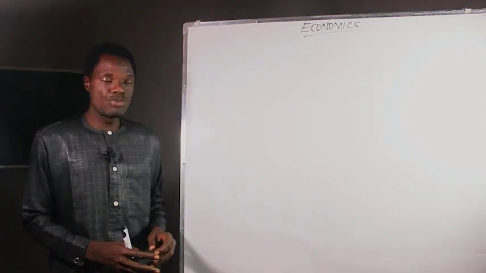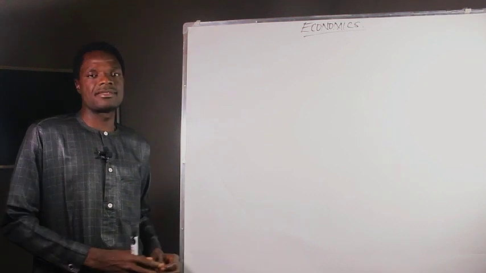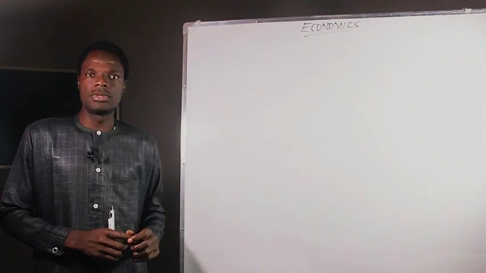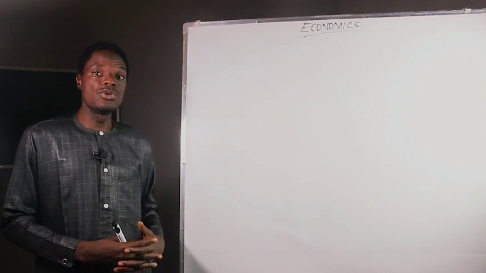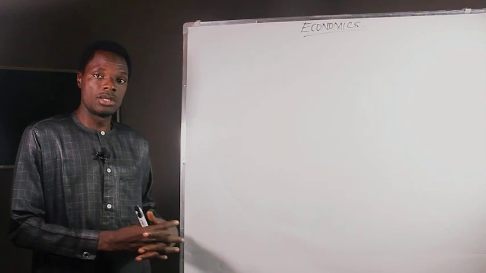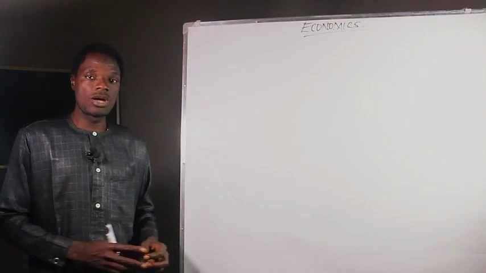Now, as we have seen in our just past class, we have table. Table is a tool that we use to analyze information that we got from individuals. This table contains columns and rows.